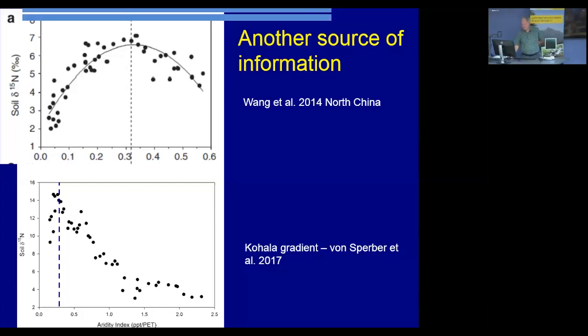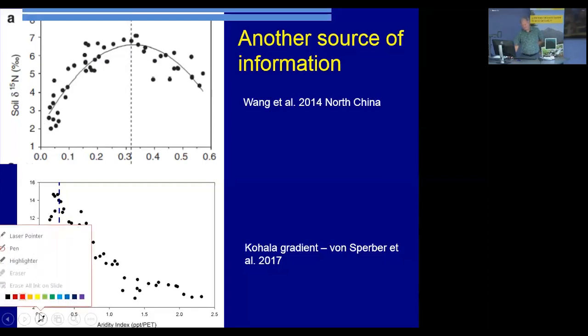And they showed clearly that as you went from fairly dry to really dry, the nitrogen-15 abundance in the soil increased, same as in Hawaii. When you went from fairly dry to really, really dry, it became less fractionated.